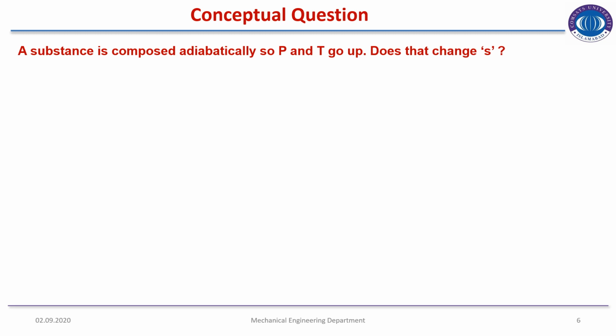A substance is compressed adiabatically, so P and T go up. Does that change S?